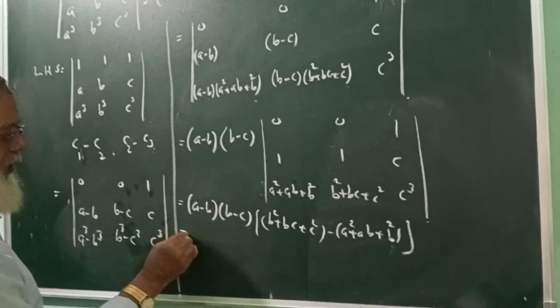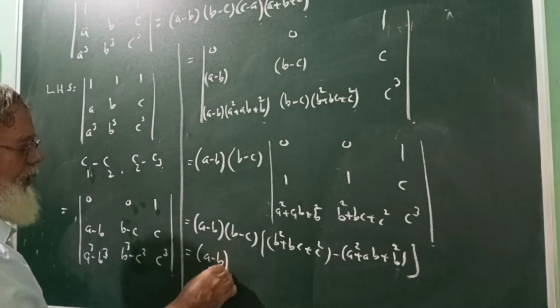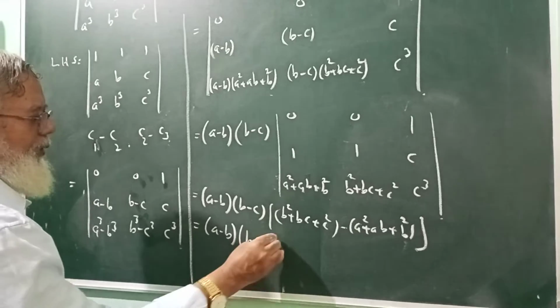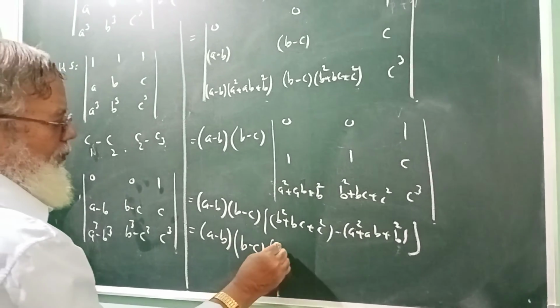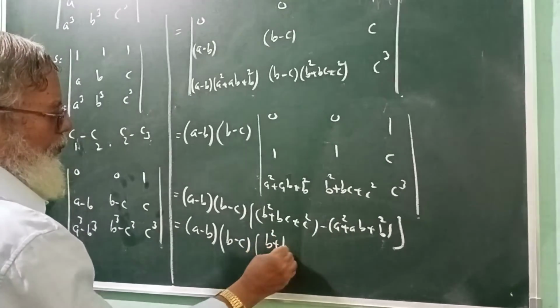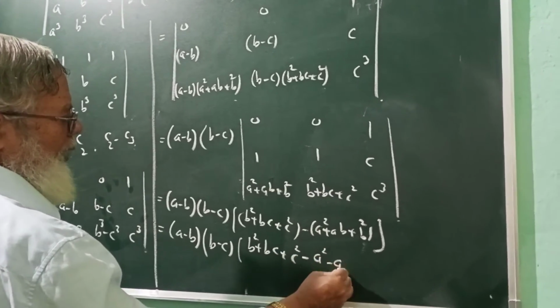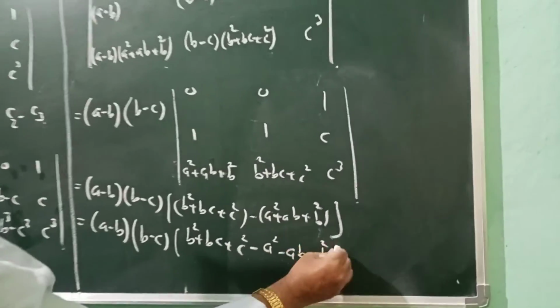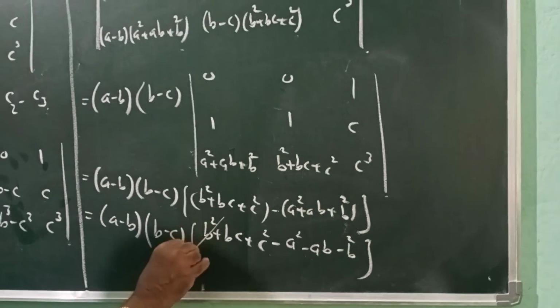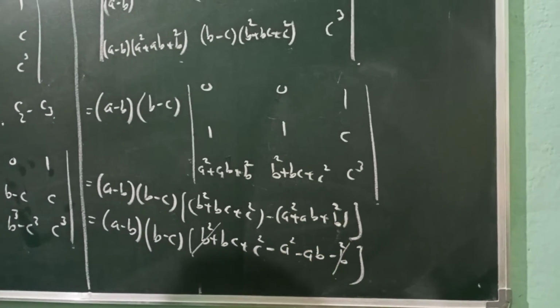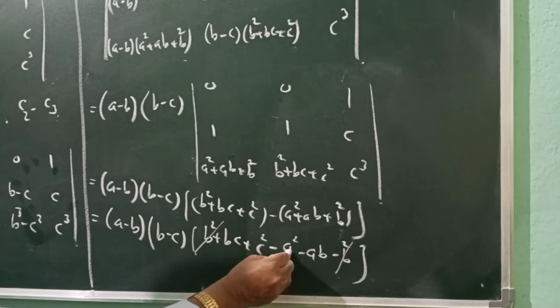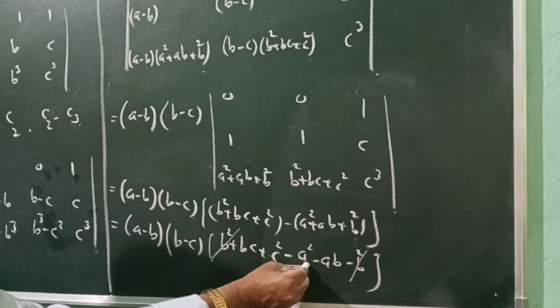Now you see here it is A minus B, it is B minus C. Now B square plus BC plus C square minus A square minus AB minus B square. Now you see plus B square minus B square get cancelled. Now we factorize these two terms, the underlined term.